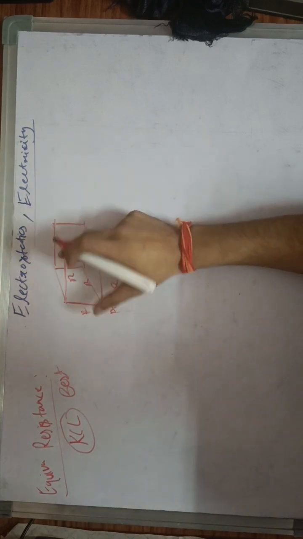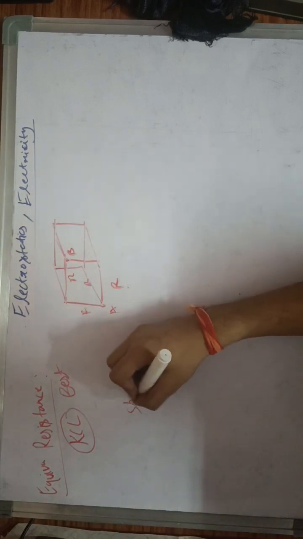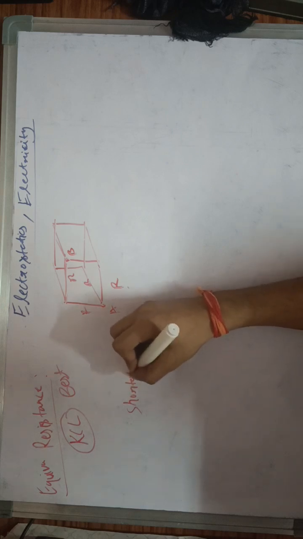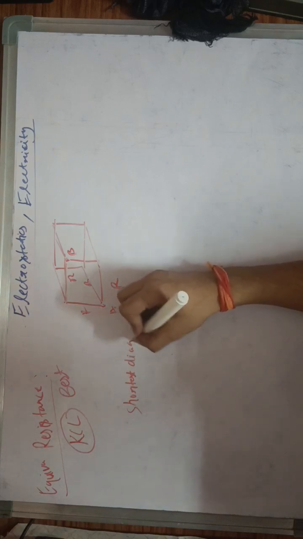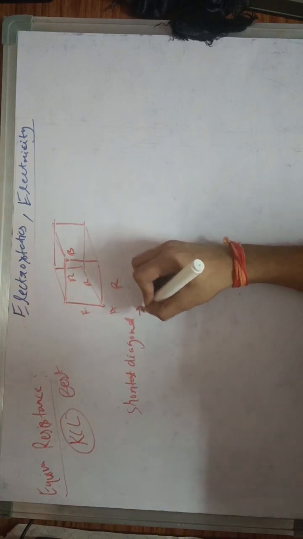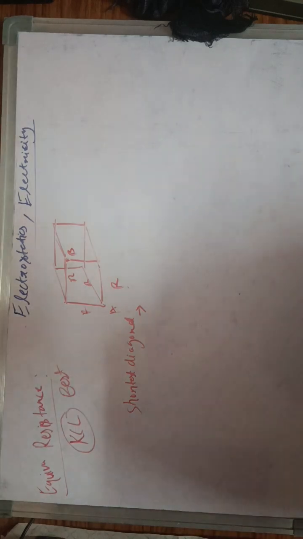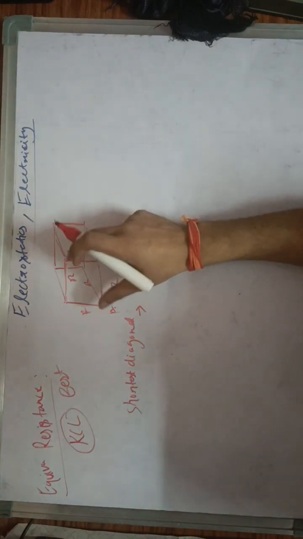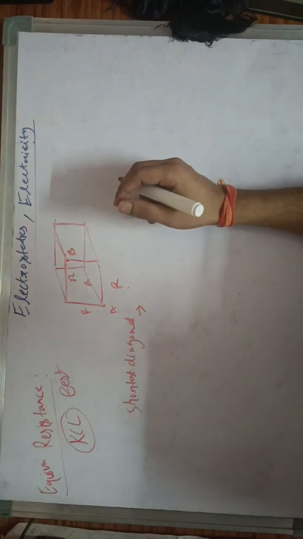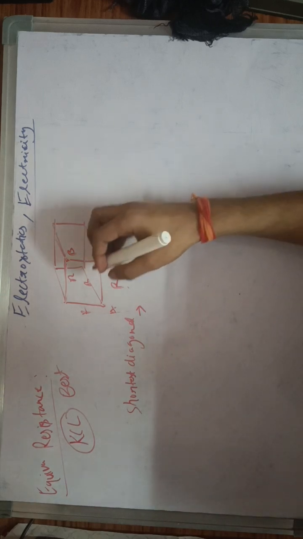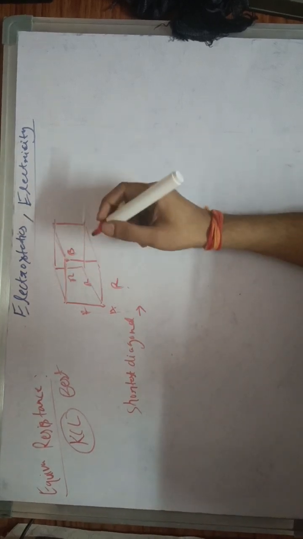This is the shortest diagonal. So for the shortest diagonal, the equivalent resistance can be calculated by applying Kirchhoff's circuit rule.